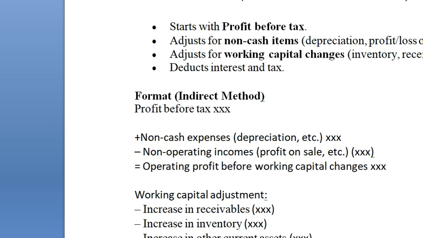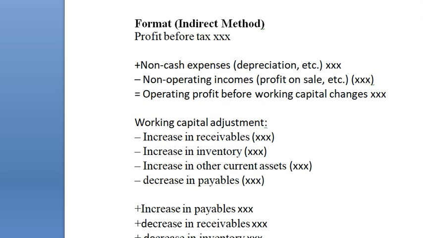Do you understand now? Okay, let's go. It's very, very simple. You just carry every item under your current assets. Anyone that increases, you will subtract it. Anyone that decreases, you will add it.